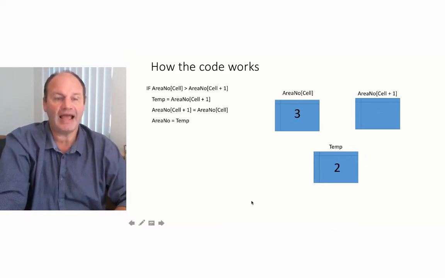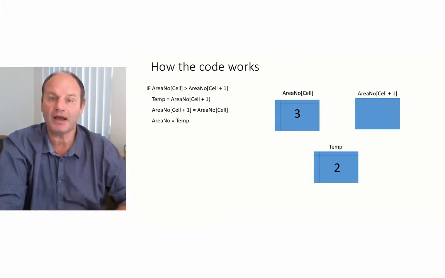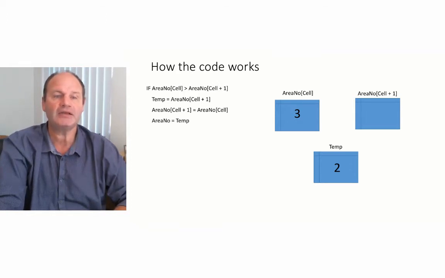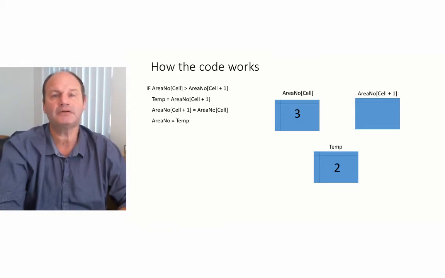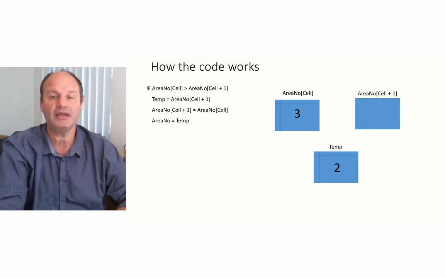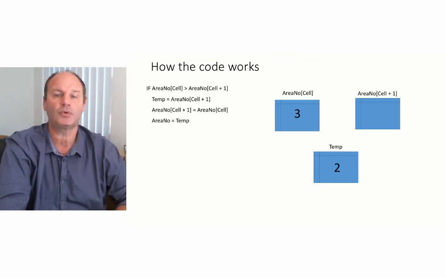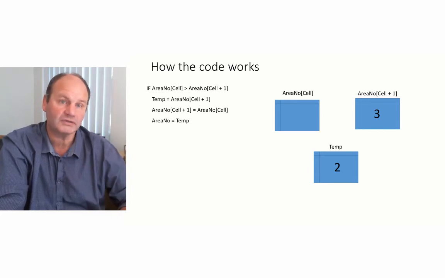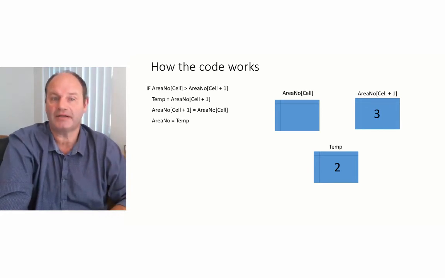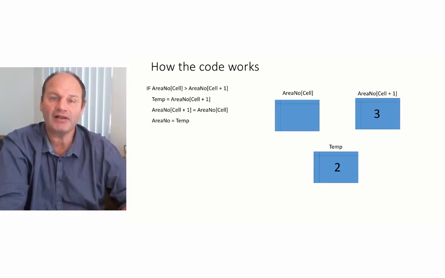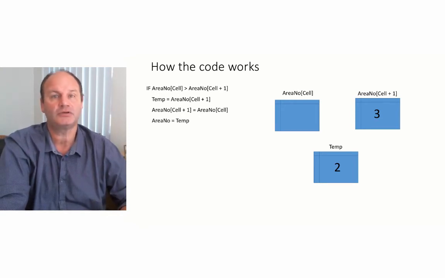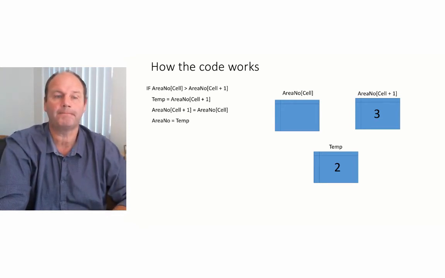As you can see, the value in area number, square bracket cell plus 1, becomes the temp value. Now let's see what happens when area number, square bracket cell plus 1, equals area number, square bracket cell, is executed. What was in area number, square bracket cell, becomes the value in area number, square bracket cell plus 1.